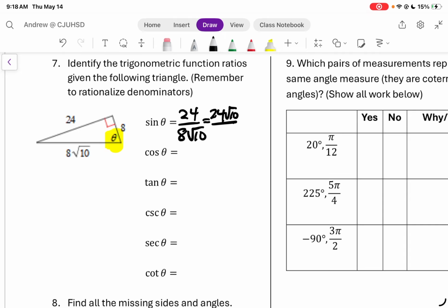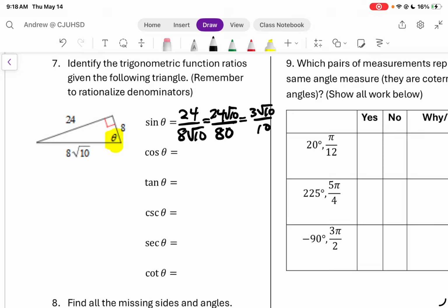The root 10 will turn into a regular 10. That'll give me 80. And then I can reduce 24 over 80, 3/10. So 3 root 10 over 10.